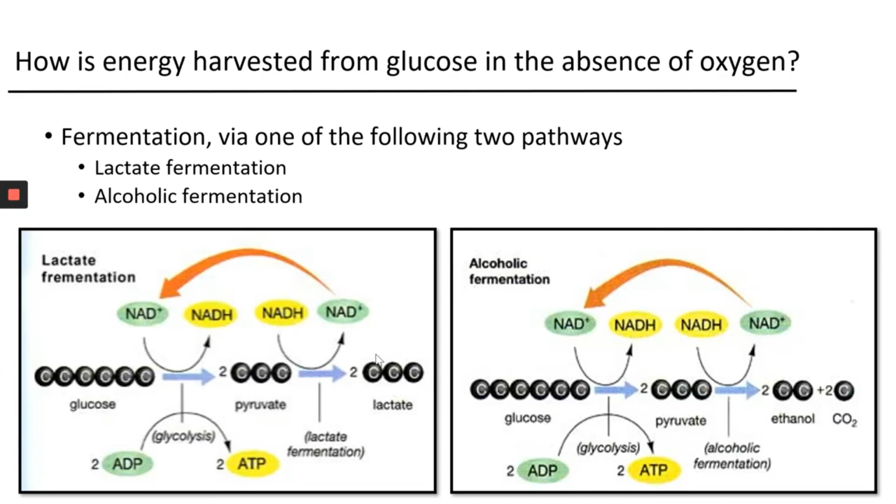There are two types of fermentation. You can have a lactate fermentation, which generates lactic acid. Now, this can happen in our body, actually. It can happen to muscle cells.